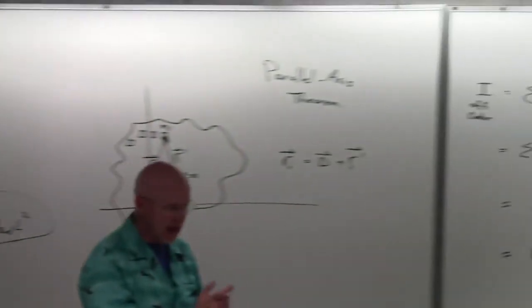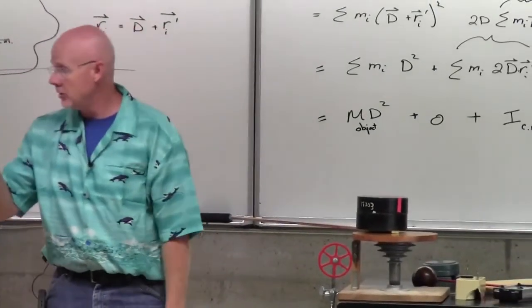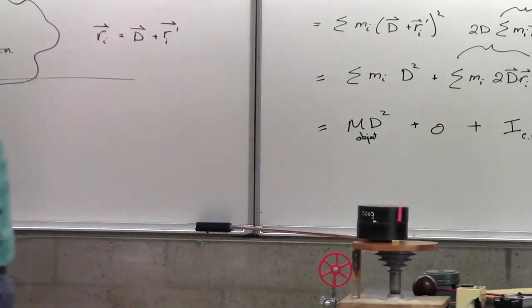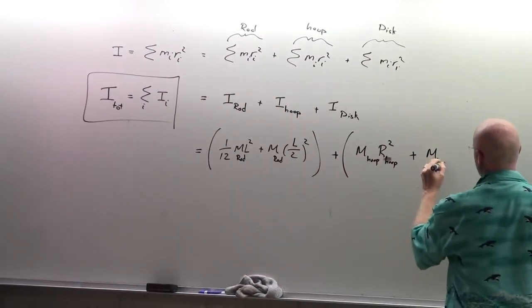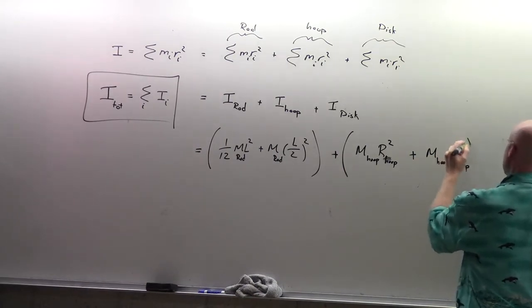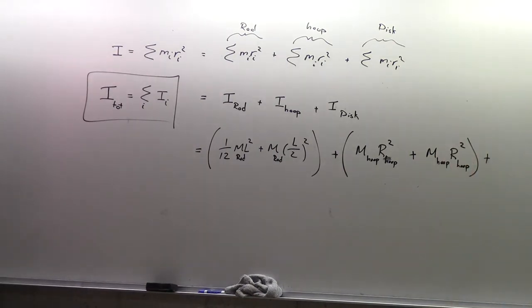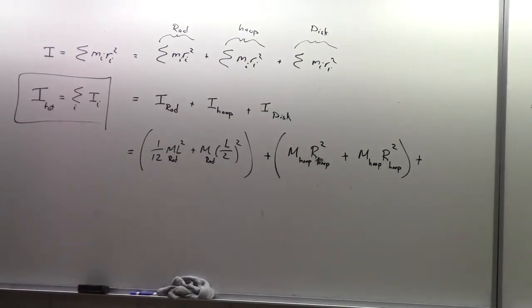No. It's not rotating about its center. It's been shifted over by how much? Its radius. So I would have M of the hoop times the radius of the hoop squared. And so that would be my moment of inertia of the hoop.